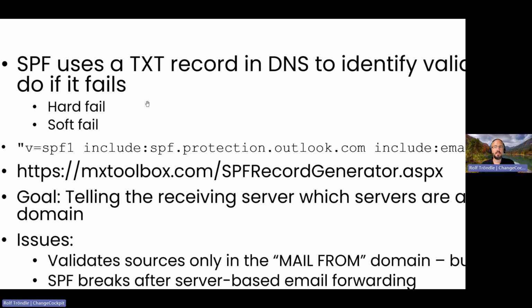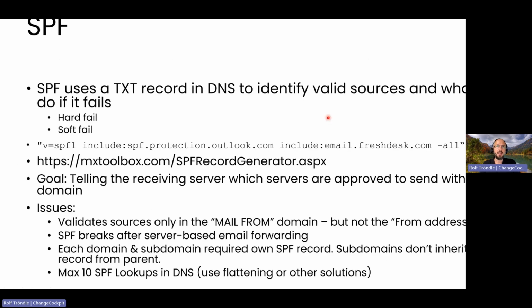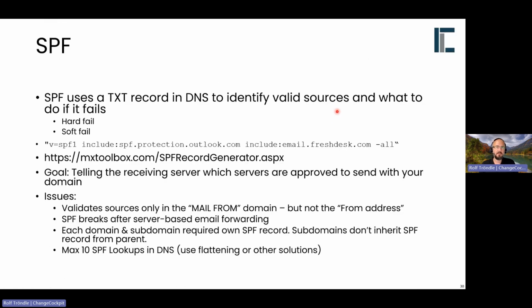So if you are hosted in Exchange Online and you don't use any third-party, let's say, newsletter tools, then normally include:spf.protection.outlook.com is sufficient. And with this, you specify who is allowed to send in your domain's name as a sender. And you could specify the hard fail, minus all, or a soft fail, that's the tilde all.